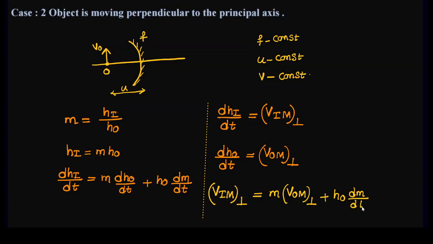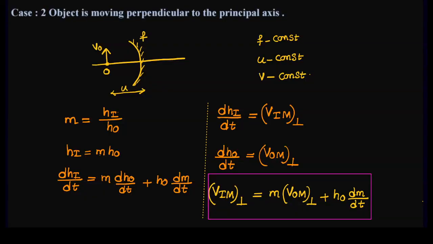This is the velocity in case the object is moving perpendicular to the principal axis.